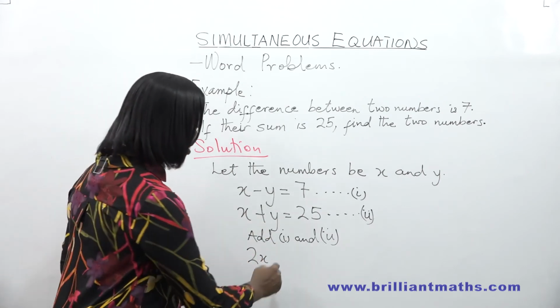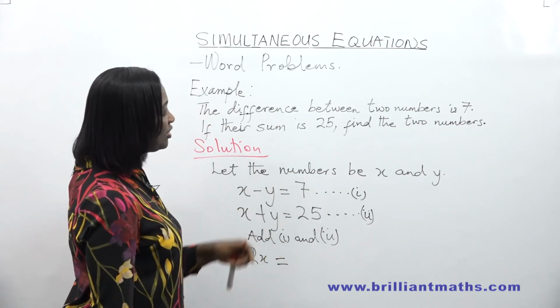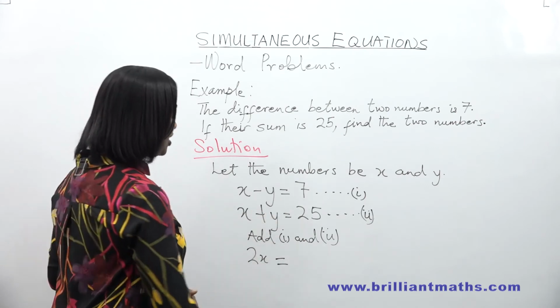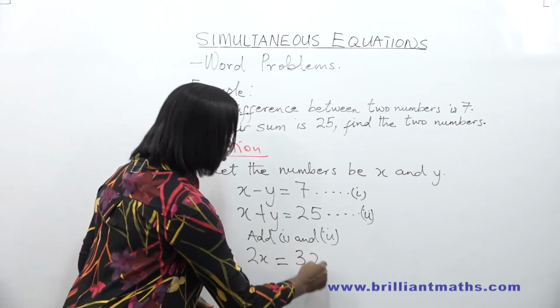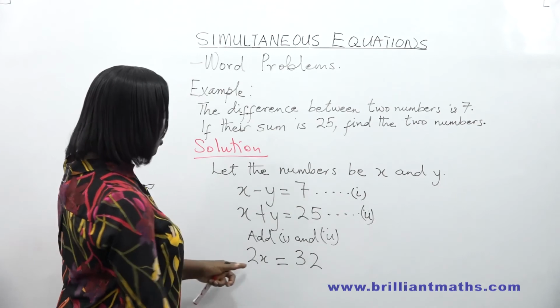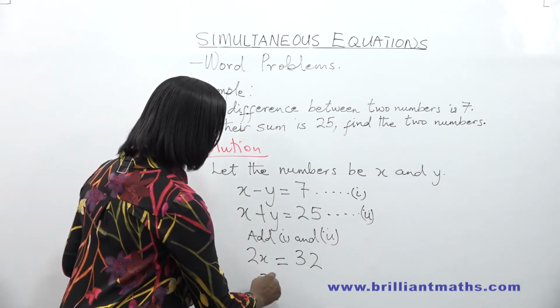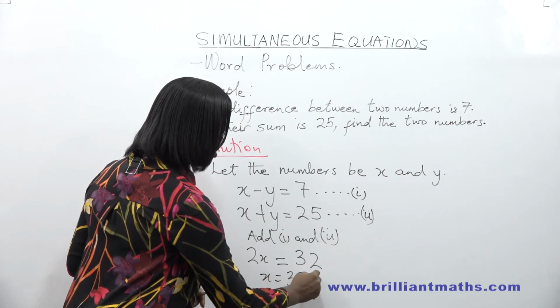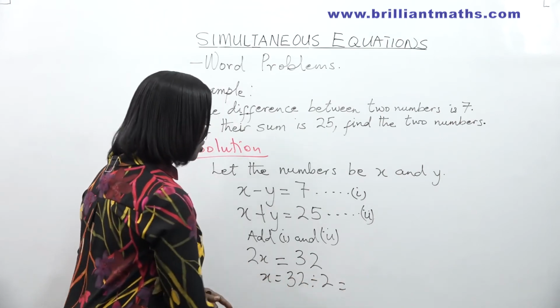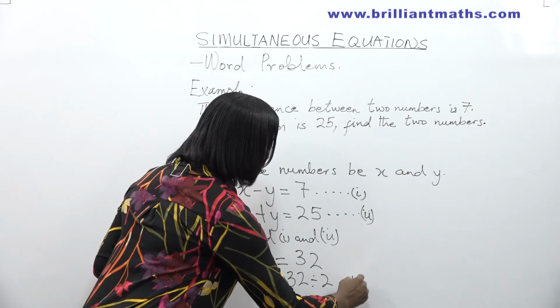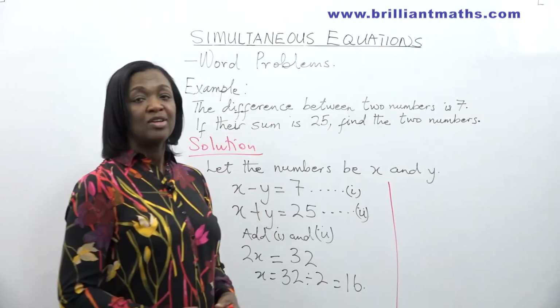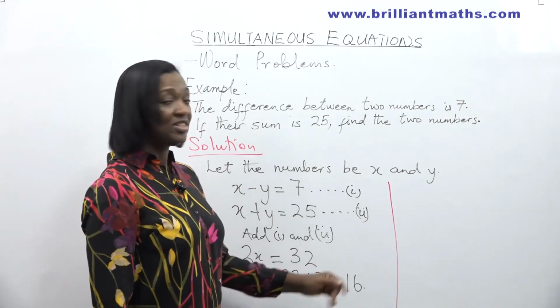That eliminates y. 7 plus 25 is 32. So that means 2x is equal to 32. And if 2x is equal to 32, x is equal to 32 divided by 2, which is equal to 16. So we have that x is equal to 16.